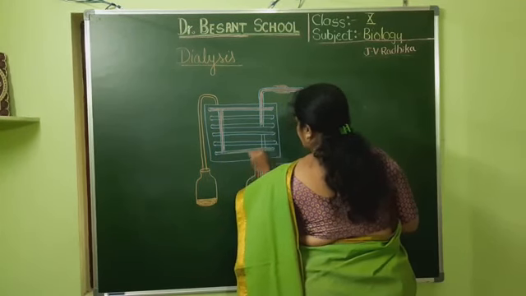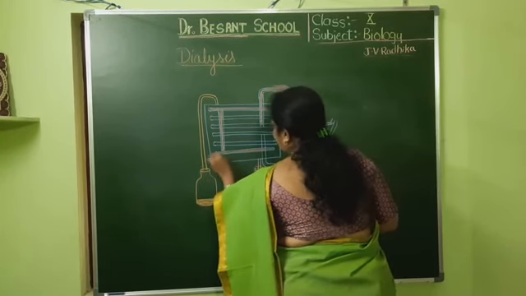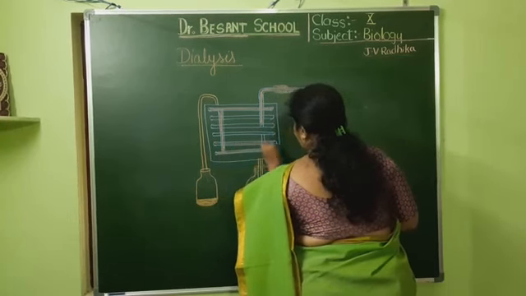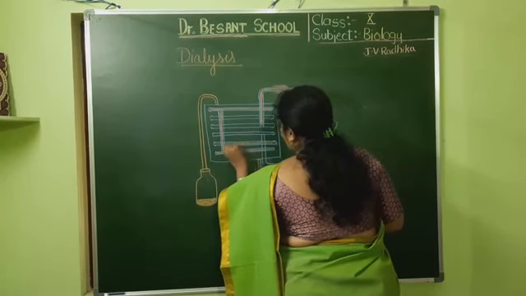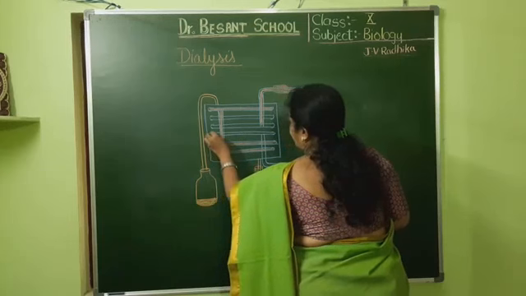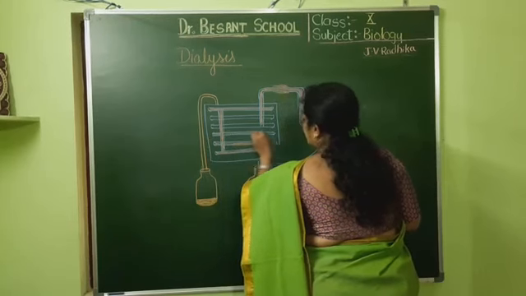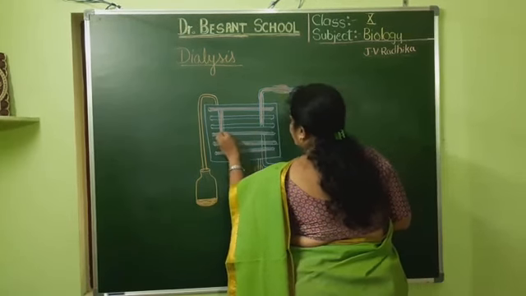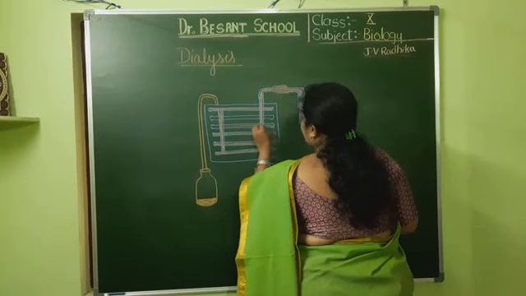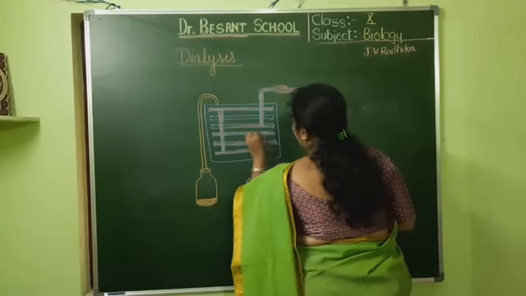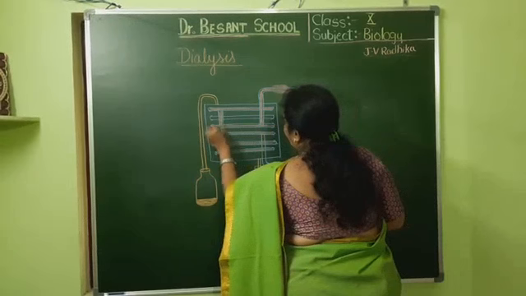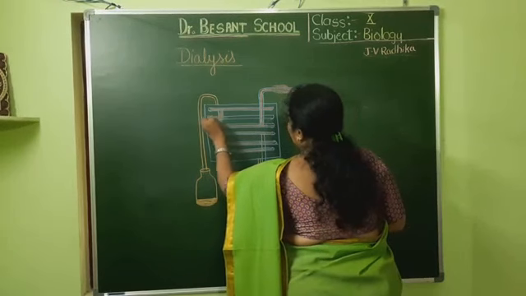Okay, children. So these tubular structures are there. In between that, there are cellophane membranes. Now what happens is, as the blood flows through these tubes, the dialyzing fluid will be in between. The tank will contain the dialyzing fluid, and in between that the blood is flowing.